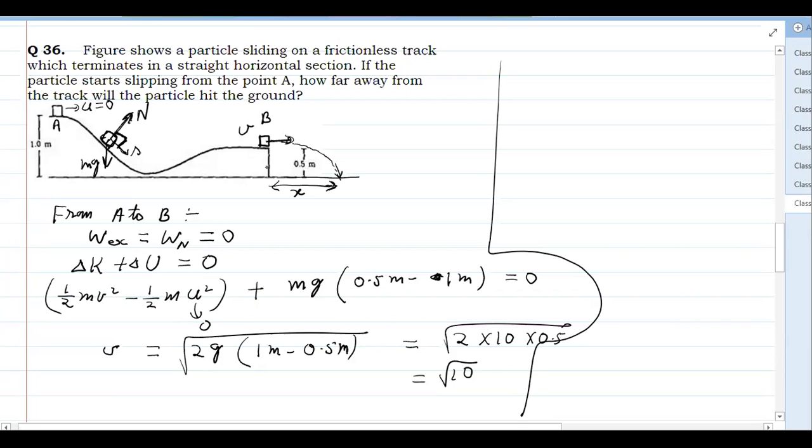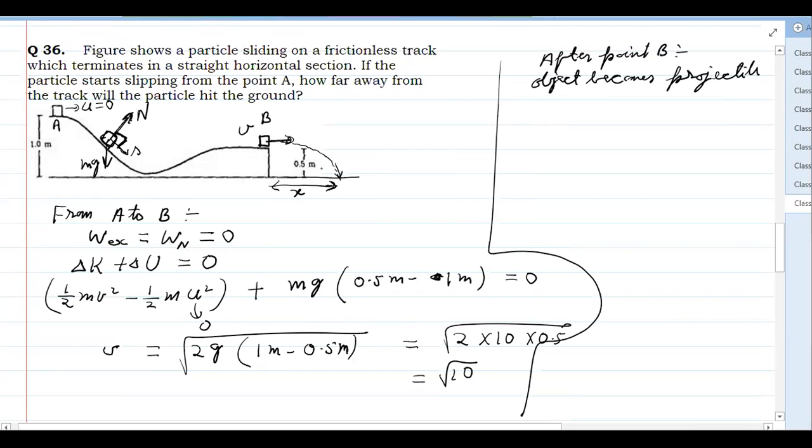So after point B, the object becomes a projectile. In the vertical direction there is no initial velocity.